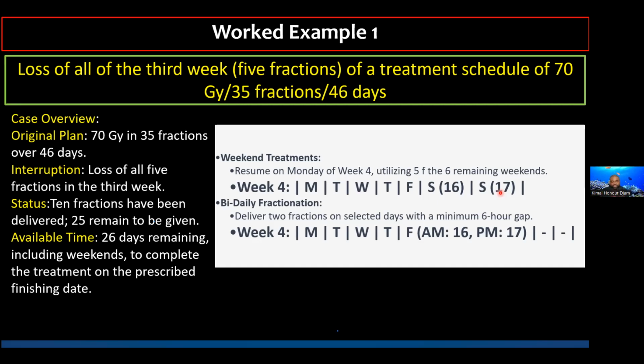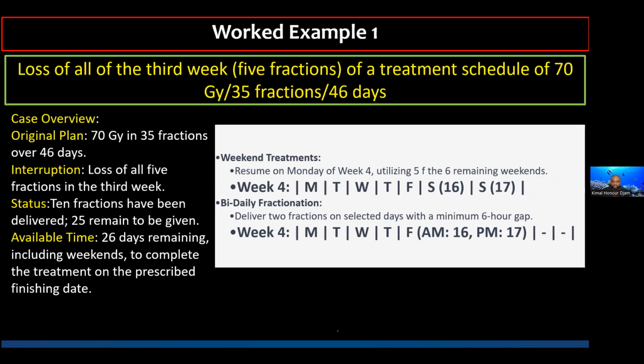If we choose to go with the BID option, here are my recommendations. 1, a minimum gap of 6 hours should be allowed between the twice daily fractions. And 2, spacing the bi-daily treatments non-consecutively and throughout the remaining schedule actually helps. And 3, we could opt for Fridays for some of the bi-daily treatments to allow more time for tissue repair to occur before next treatment.